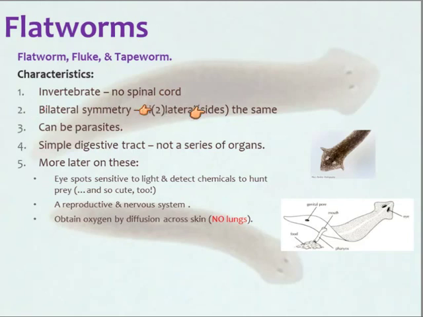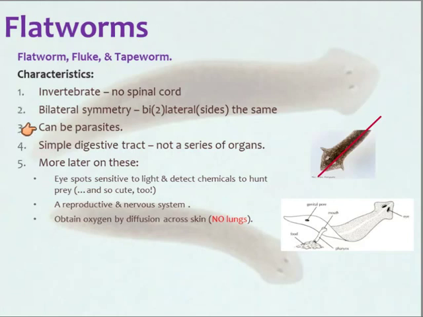Bi is two, lateral is sides. They have two sides that are the same. So if I were to take this cute little planaria here and split it in half, if I could get it exactly right, then both halves of that organism would be the same on each side. Another type of bilateral organism would be a starfish. If you split a starfish in half, they'd be the same on each side. You are bilateral.